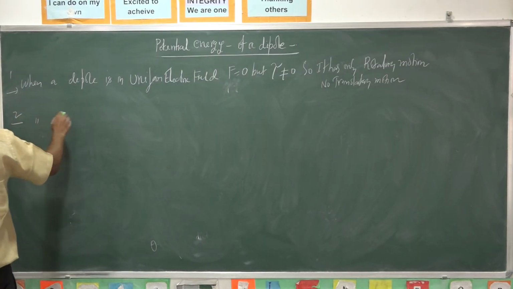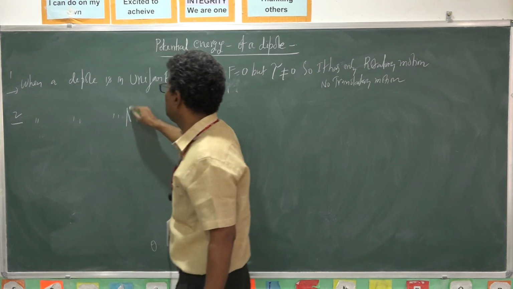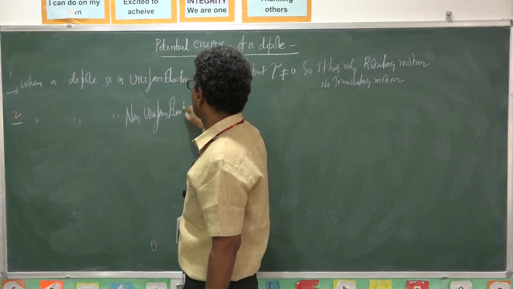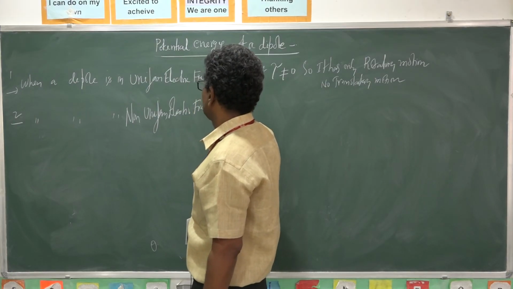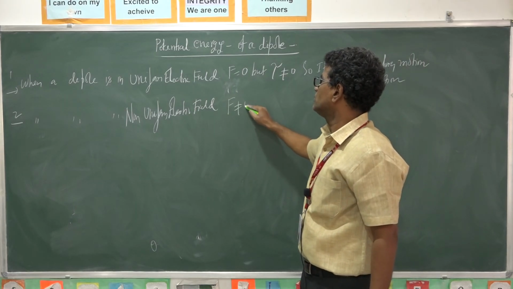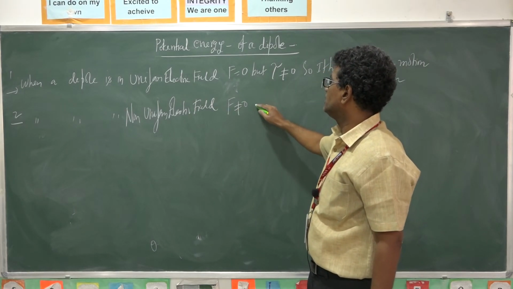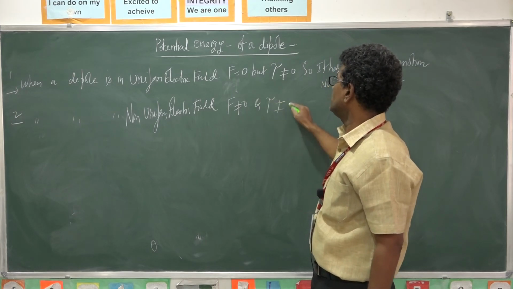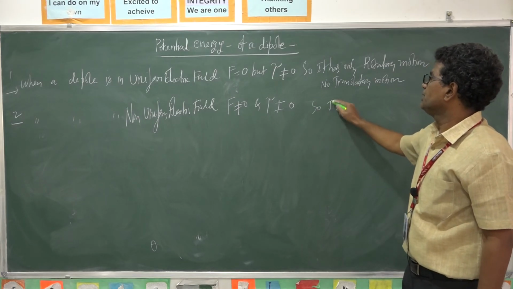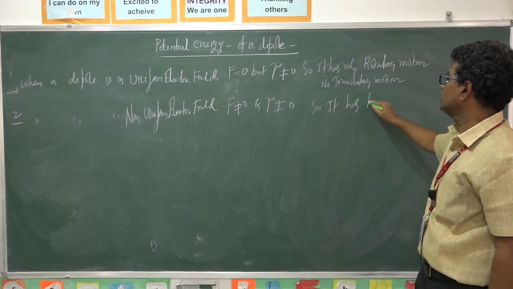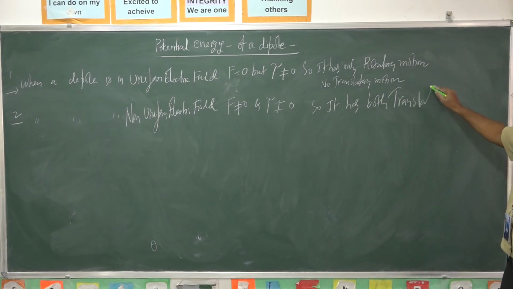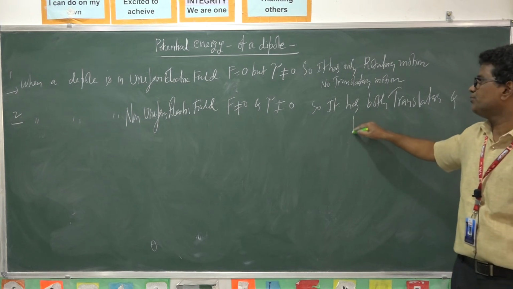Second point: when a dipole is placed in a non-uniform electric field, the force is also not equal to 0, very important, and the torque is also not equal to 0. So it has both translatory and rotatory motions.